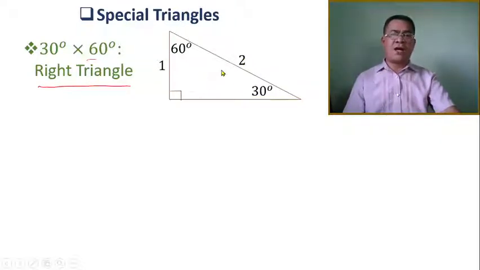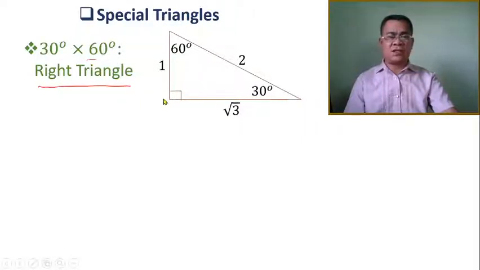Okay? Now applying the Pythagorean Theorem, solving for the other side. Remember that the Pythagorean Theorem means the square of the hypotenuse is equivalent to the sum of the squares of the two sides. So solving for this side, we will come up with an answer of square root of 3.